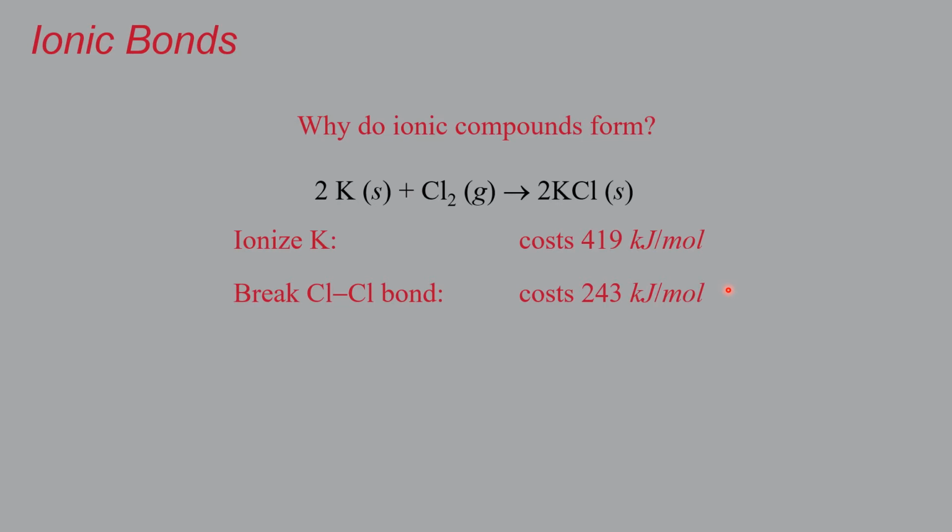And you also have to attach the electron to chlorine. Now you might think, oh, that's not bad. The electron affinities are exothermic for halogens, but it turns out that it only gives back 349 kilojoules per mole.